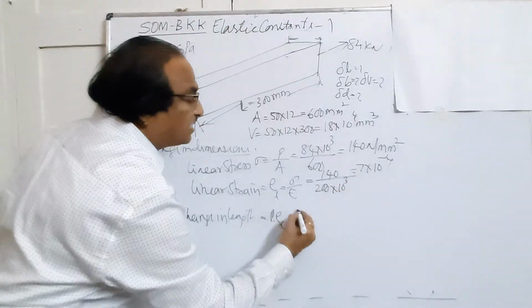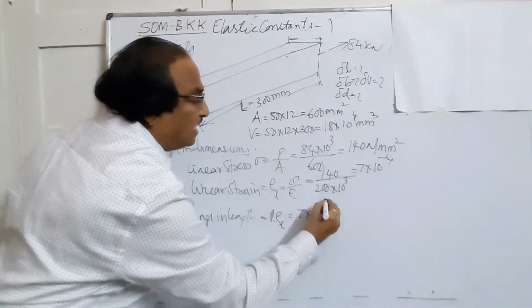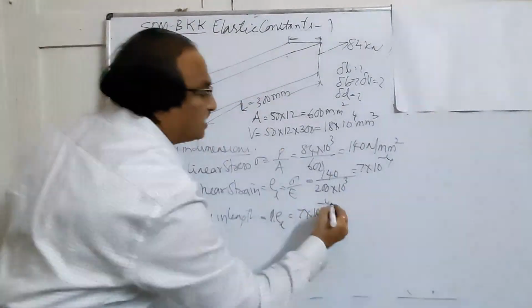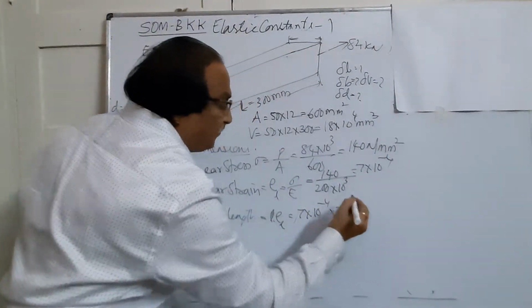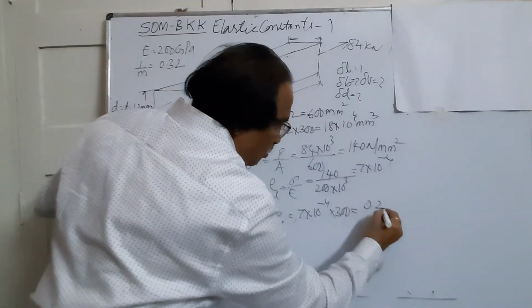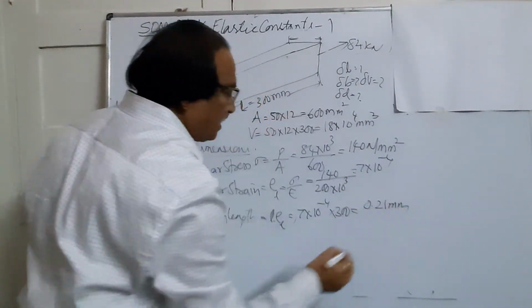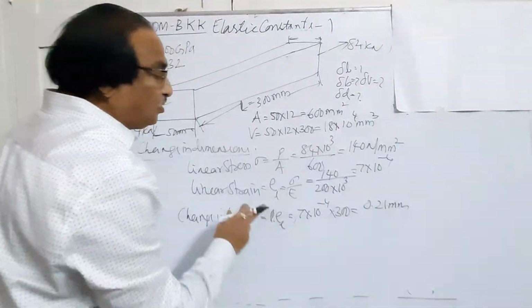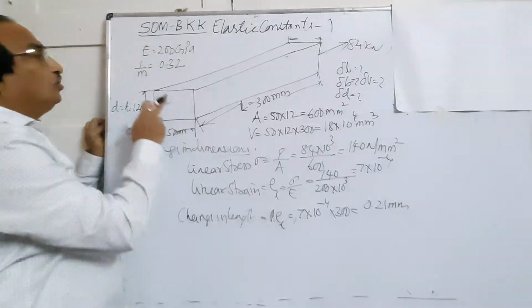So here the strain is 7 into 10 to the power of minus 4 into original length. The original length of the member is 300 mm. If you simplify this, you get the increase in length as 0.21 mm.